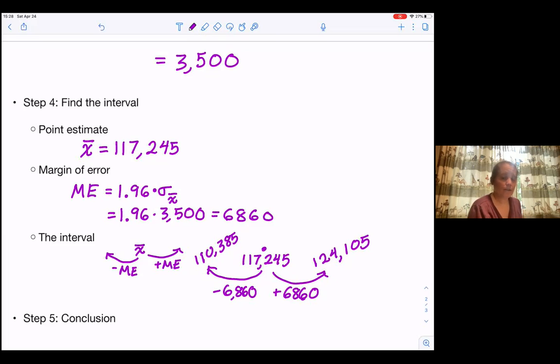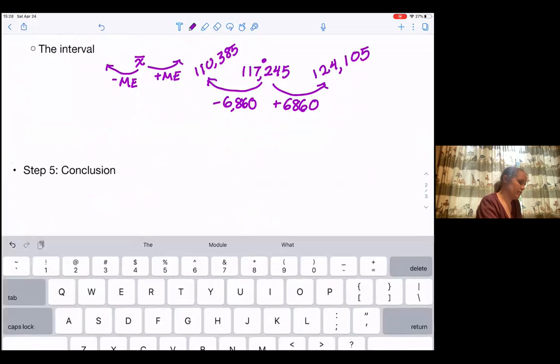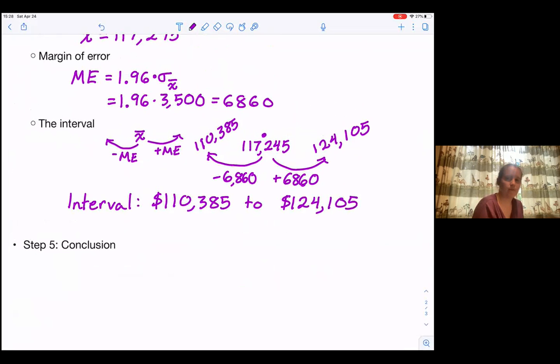So our confidence interval is from 110,385 to 124,105.